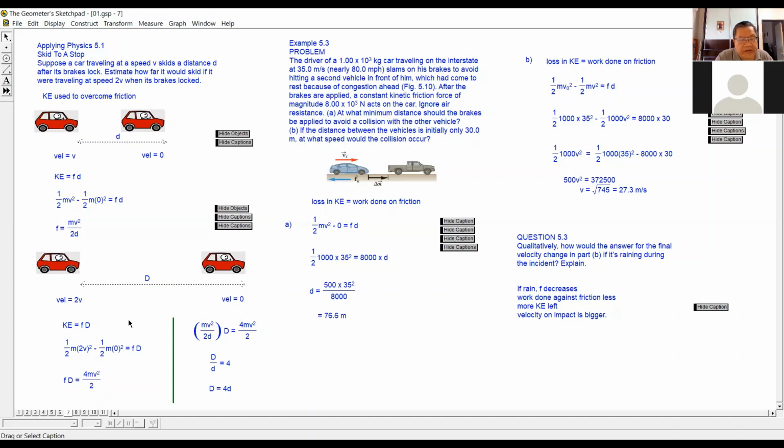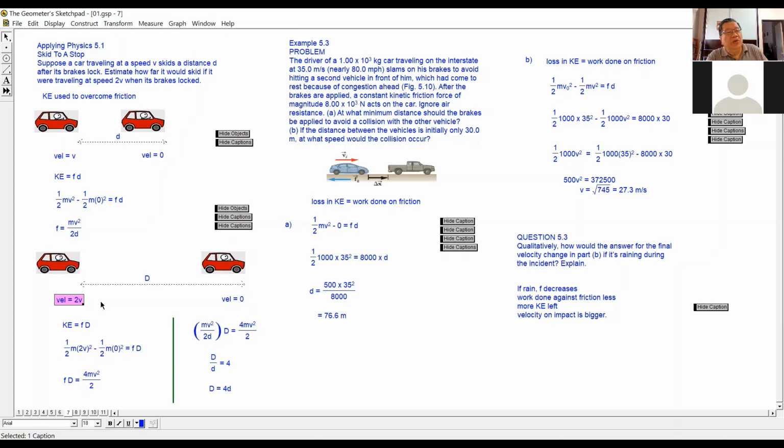So the relationship is, in the second case, the distance traveled before stopping is 4 times the distance traveled before stopping in the first case. Now, why is it so? Because we are traveling at a higher velocity in the second case, 2v, so we expect the distance taken before it comes to rest to be bigger.